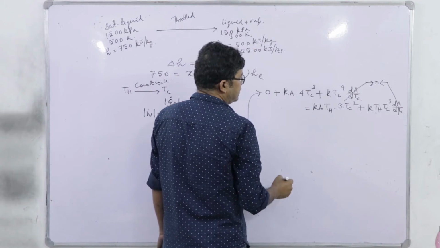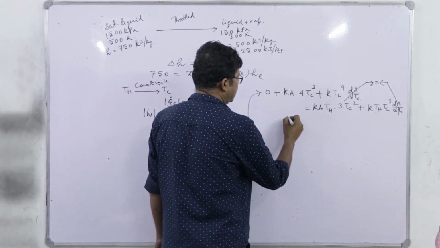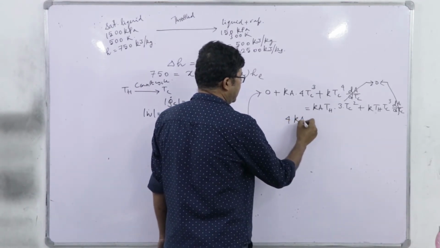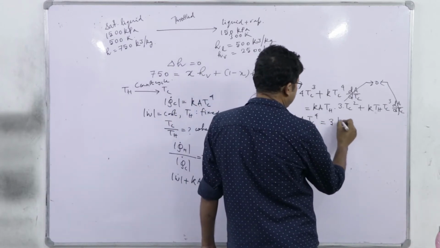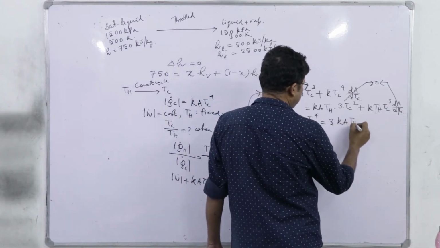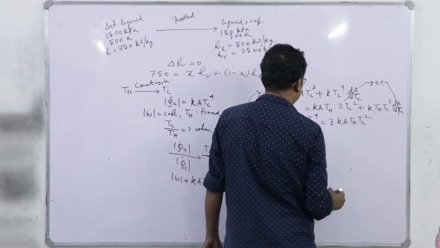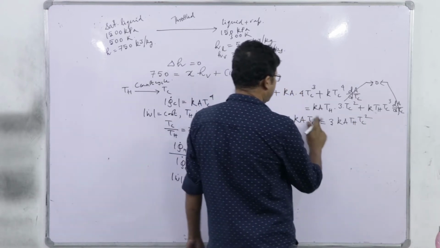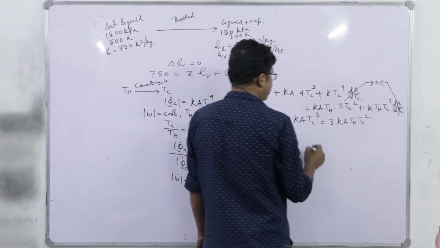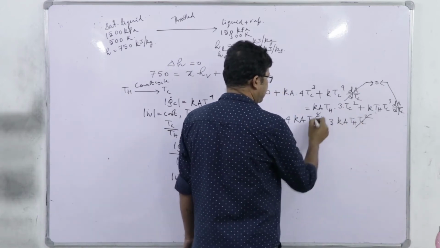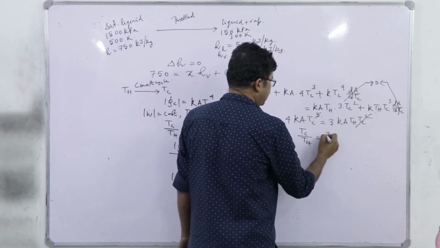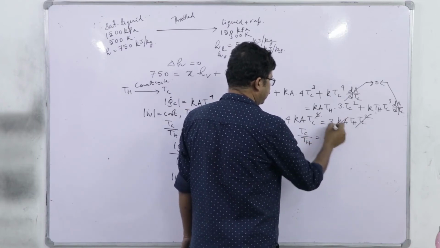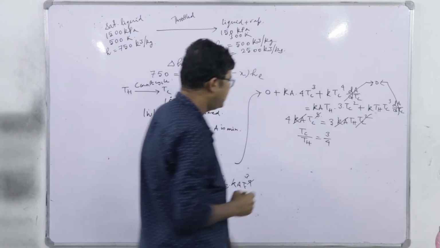So, what do we get? 4 Ka Tc to the power 4 is equal to 3 Ka Th into Tc cube. So, we get this Tc divided by Th equal to 3 by 4 because this and this cancels out. So, that is the answer.